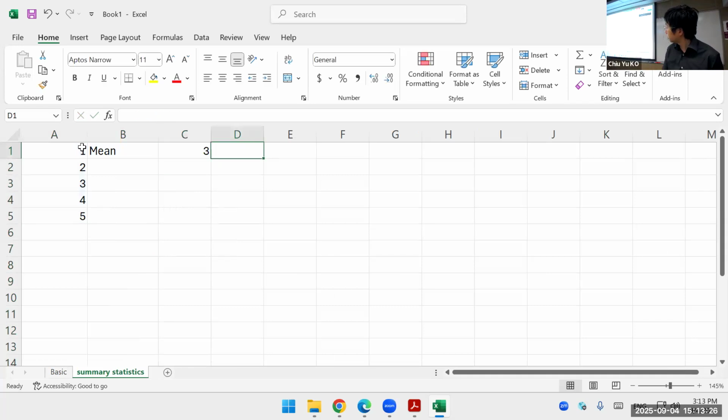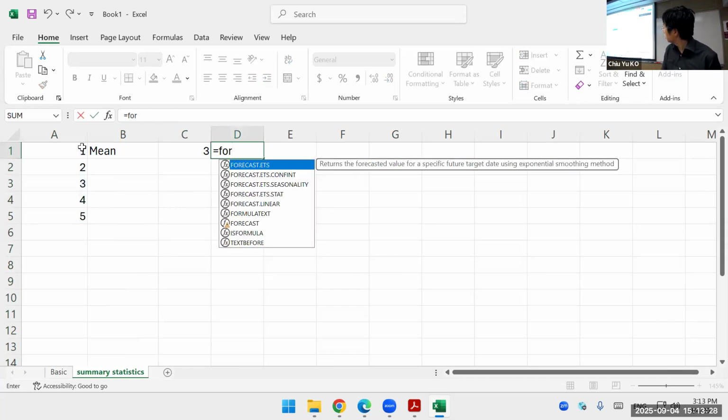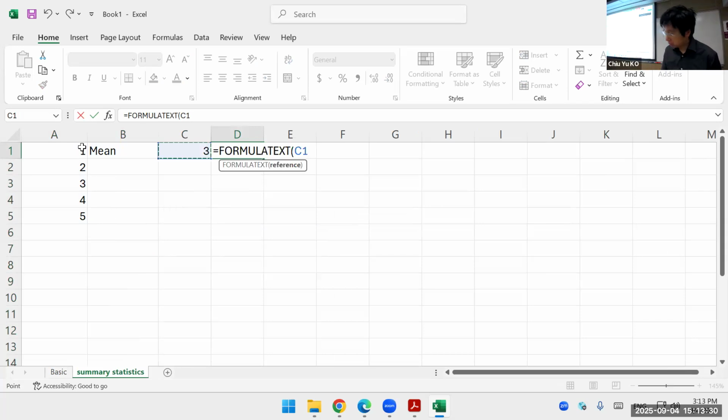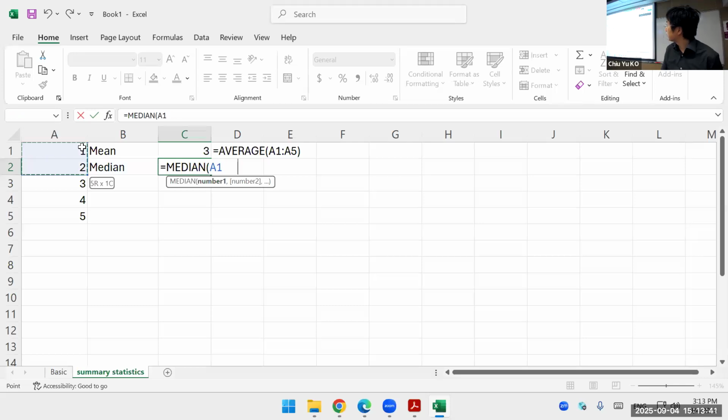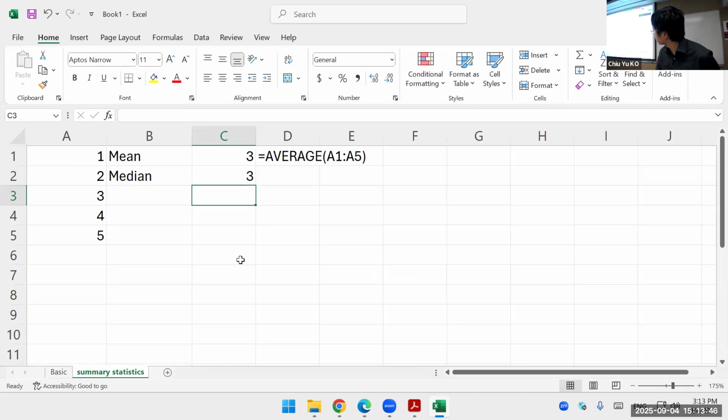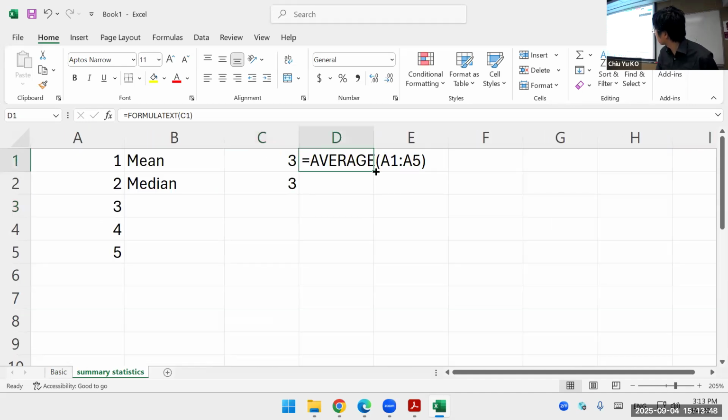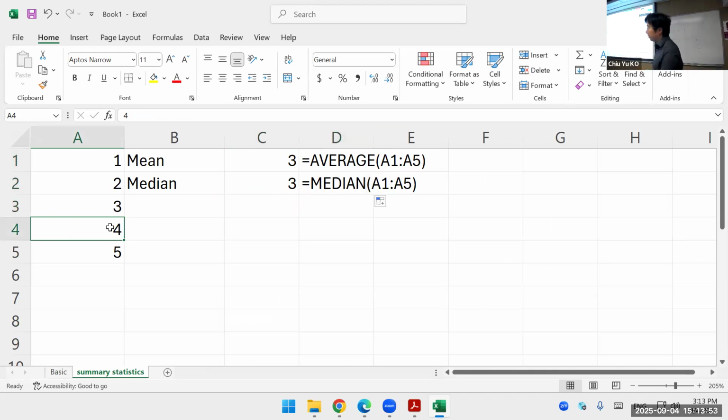Let me give you the formula directly. And median will be just median of this. Maybe I change it to 3. Another good thing about Excel is that when you change the data, the calculation changes immediately. So I change it to 3.